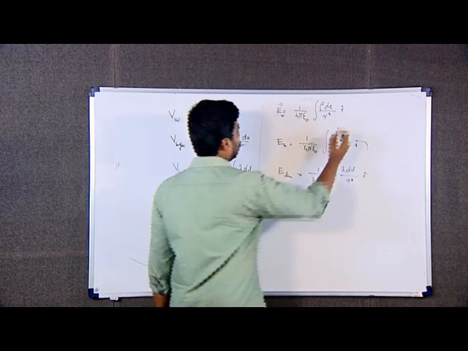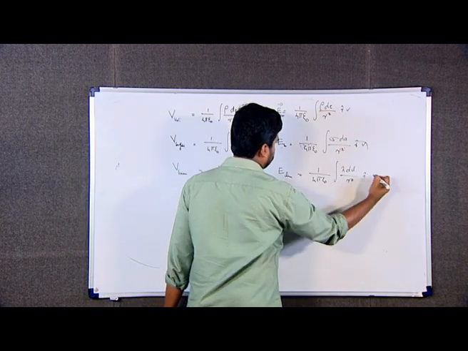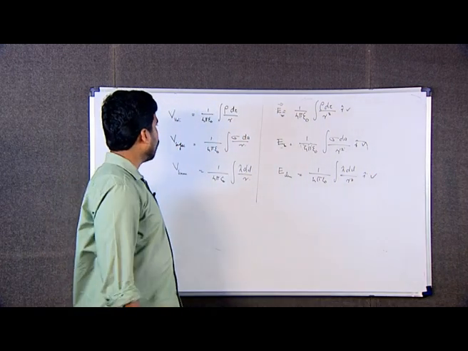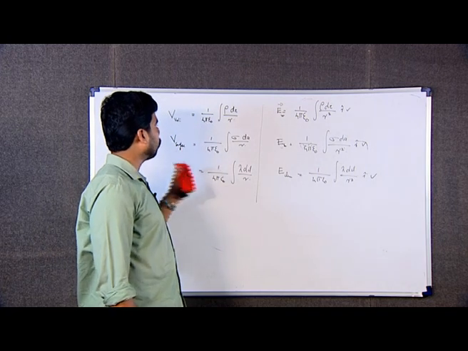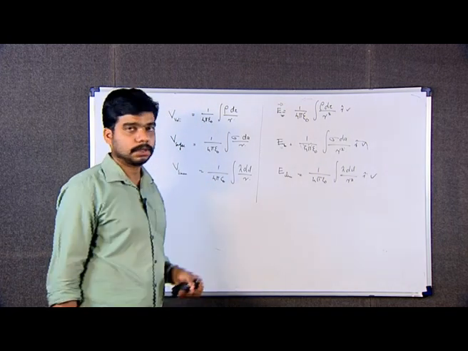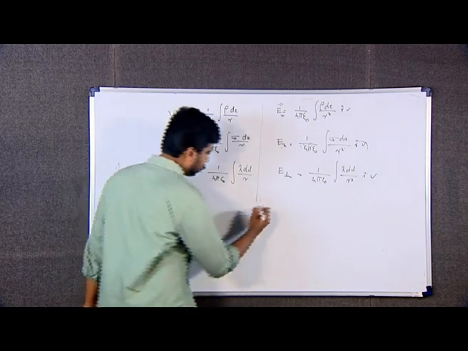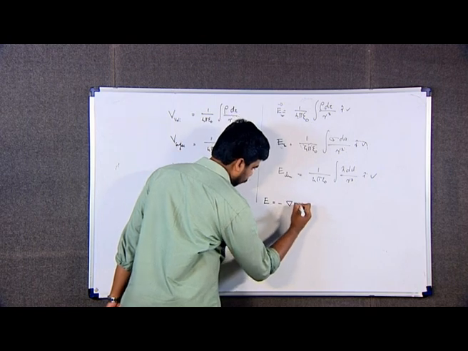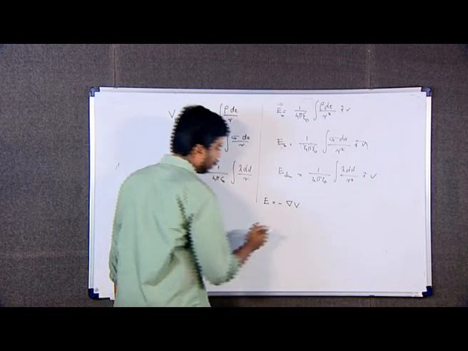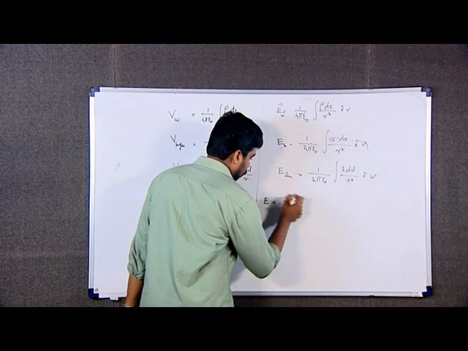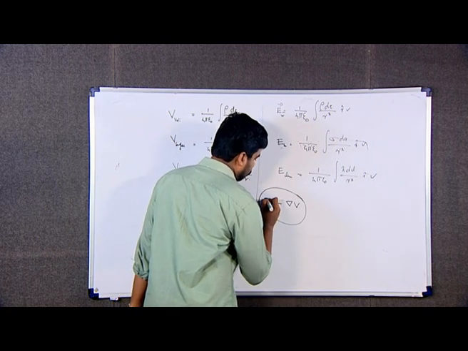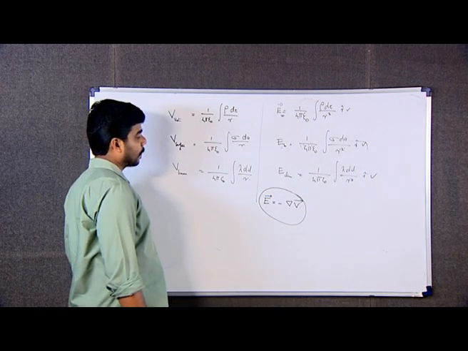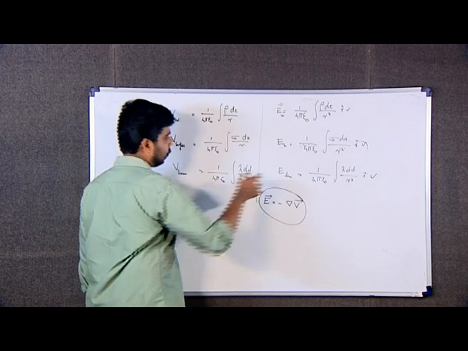The electric field depends upon r cap, which is the unit vector along the radial line, while the potential is a scalar quantity. So, from this equation, E is equal to minus del V, you can easily find out what is E, because V is a scalar.